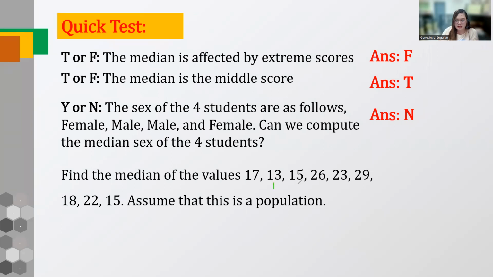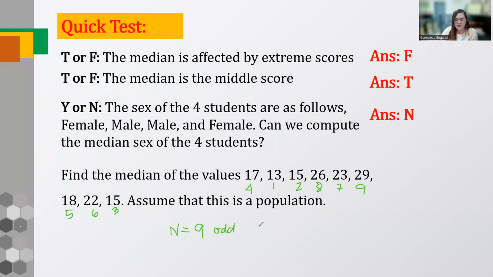This is number 1, number 2, number 3, number 4, and so on up to number 9. So our n is 9, which is odd.